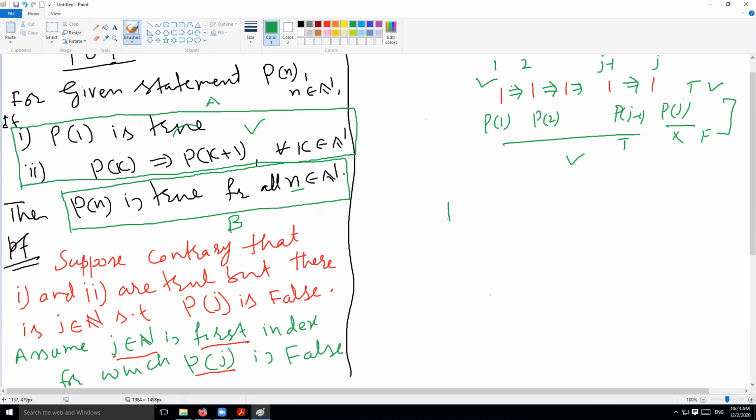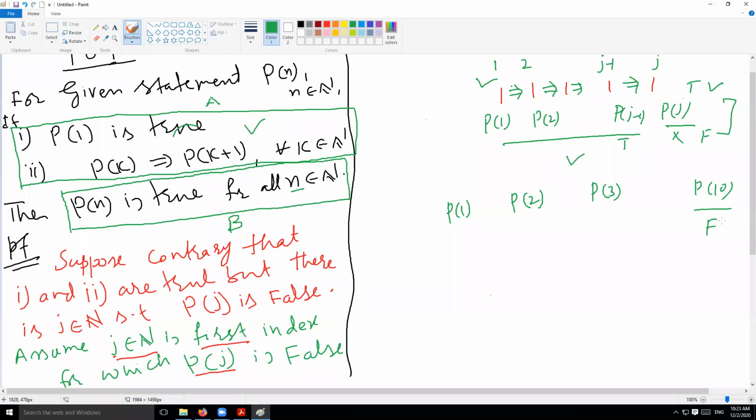So imagine you have the p of 1 statement, p of 2, p of 3 and p of 10 actually. Imagine that p of 10 is the first statement which is false.